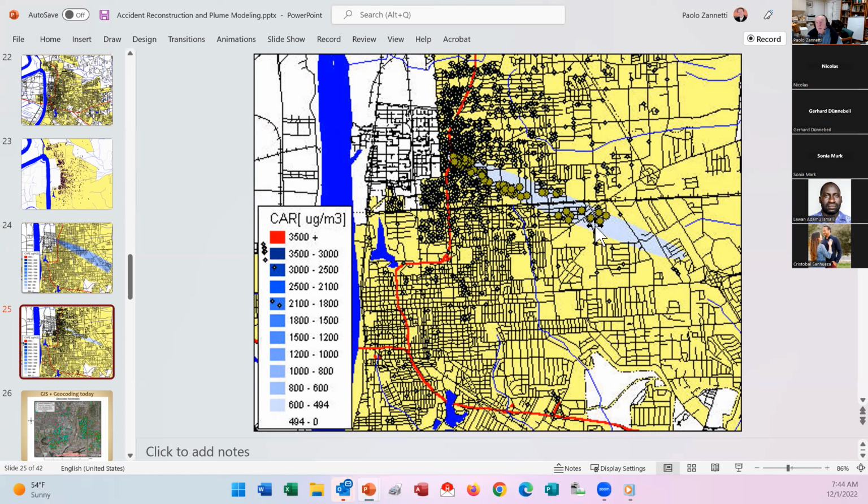So these are the people who may claim a higher impact than other people that are maybe 20, 30 degrees away from the plume, as we discussed before. So without GIS, this work would be impossible with thousands of people. With GIS, you do it in a minute.